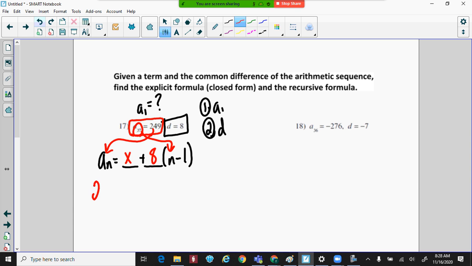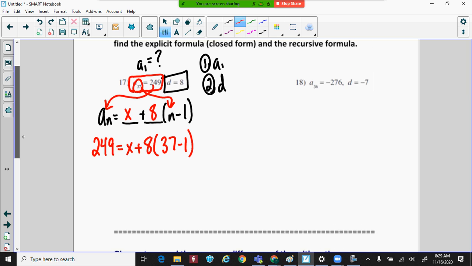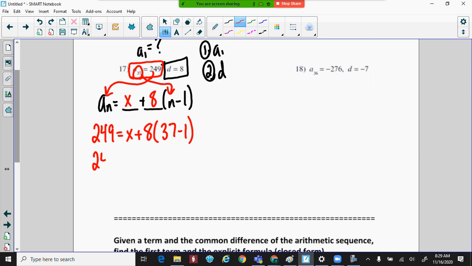So it's now going to be 249 is equal to x plus 8 times 37 minus 1. So again, using algebra, I'm then going to go and find my first term. How you do algebra is totally up to you, because there's some folks that skip a couple steps. So 249 is equal to x plus 8 times 36.